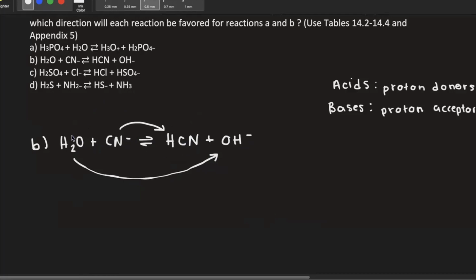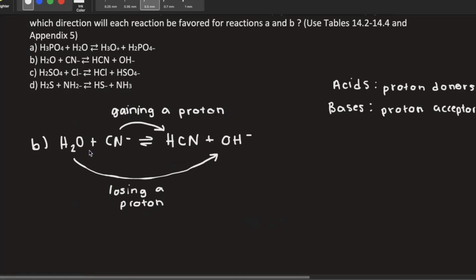So let's look at H2O first. H2O turns into OH negative, which means it's losing a proton. Now we can look at CN minus. It turns into HCN, so it is gaining a proton. Okay.